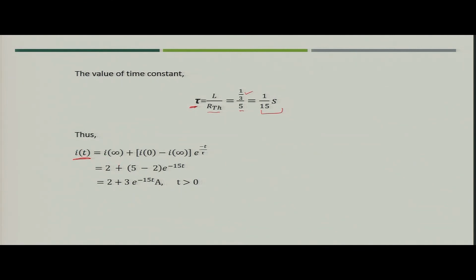So I infinity is 2, I 0 is 5, tau is 1 by 15. So finally you get the value of current i flowing through the inductor as nothing but 2 plus 3 into e to the power minus 15 t ampere, and this is for time t greater than 0.